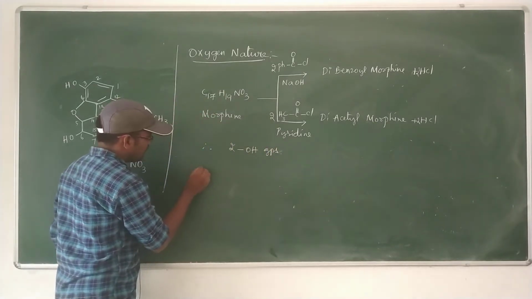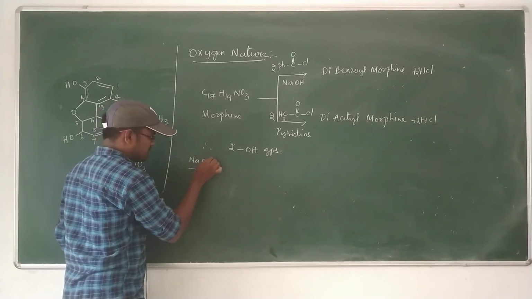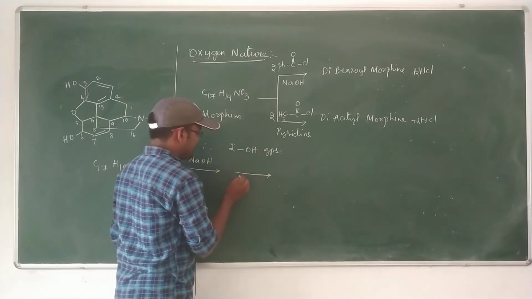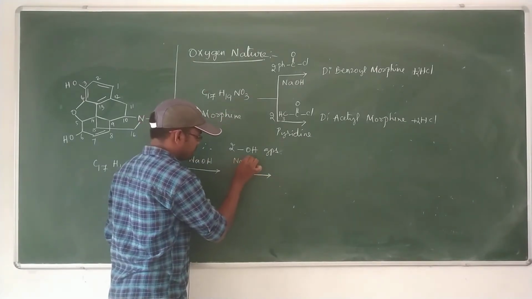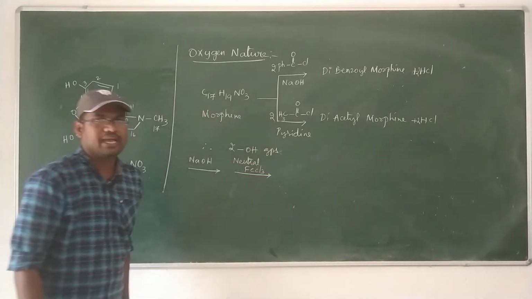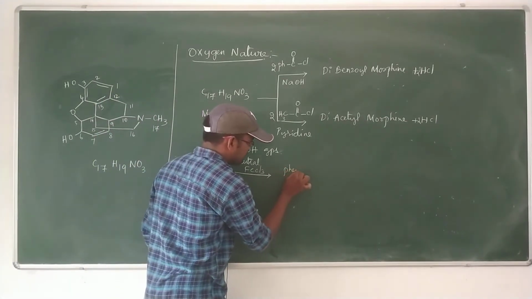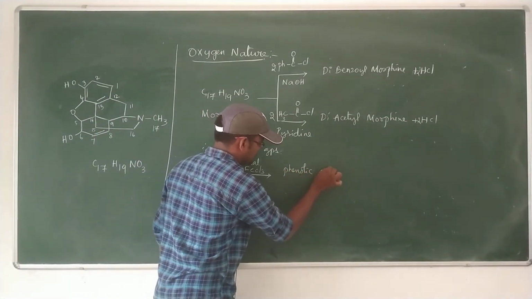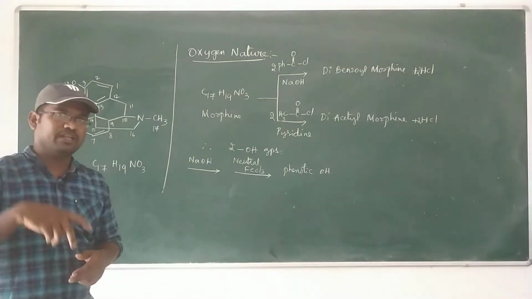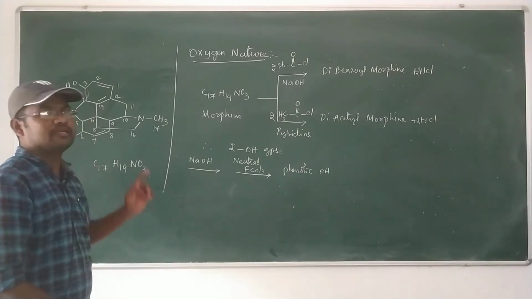Next, morphine dissolves in aqueous NaOH, and morphine reacts with neutral FeCl3. These 2 reactions suggest morphine has a phenolic OH. But we have a confusion: does morphine have both OH groups phenolic, or one phenolic OH and one secondary alcohol?